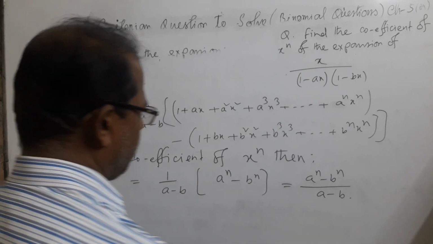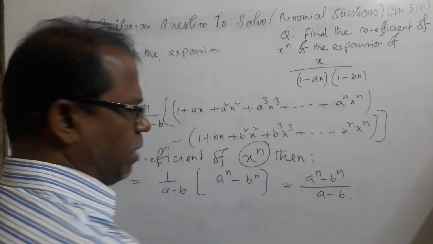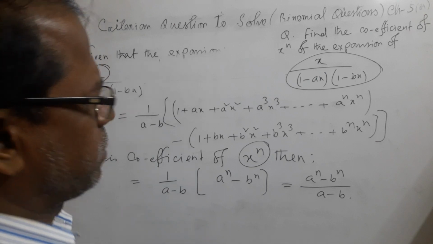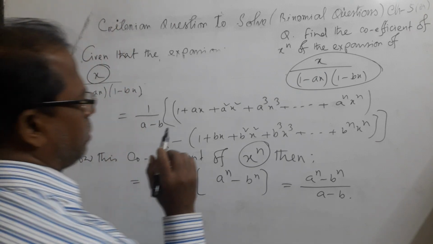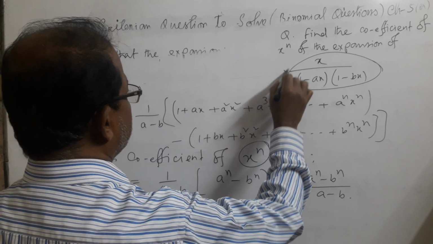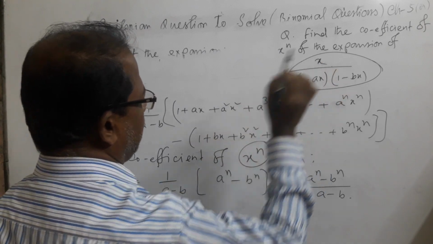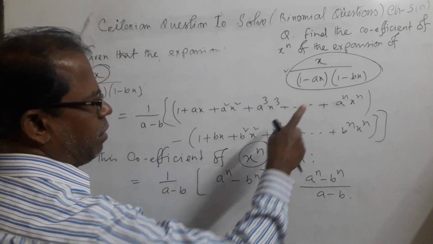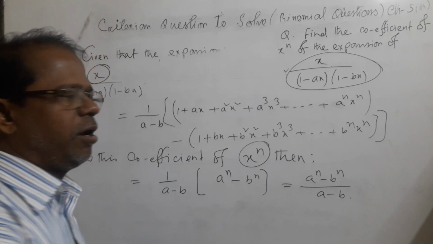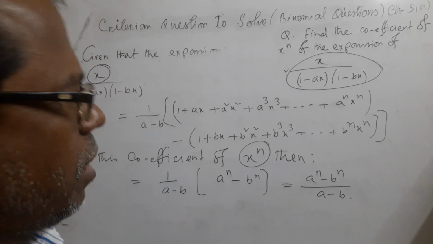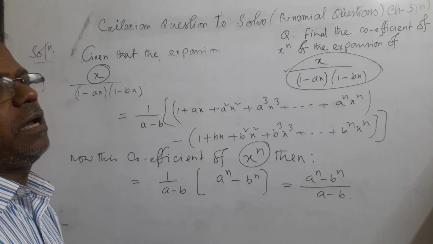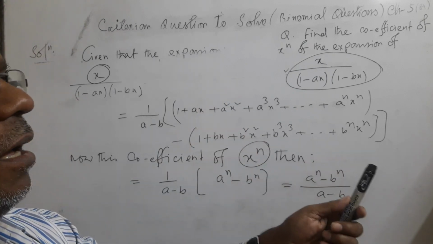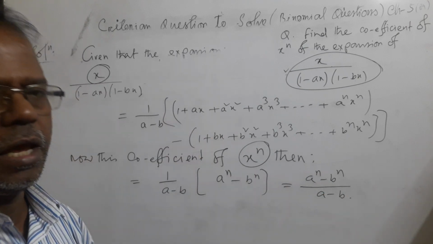That is the coefficient of x to the power n of the function. This function is a partial fraction, using 1 minus ax whole to the power minus 1 and 1 minus bx whole to the power minus 1. You have to clear this formula, advance the rules, and apply this system. Well, thank you and thanks.